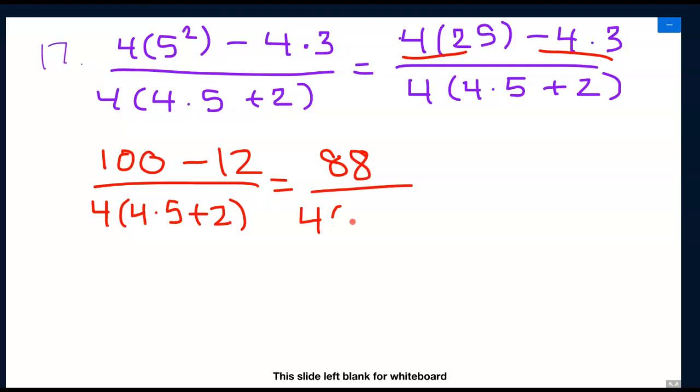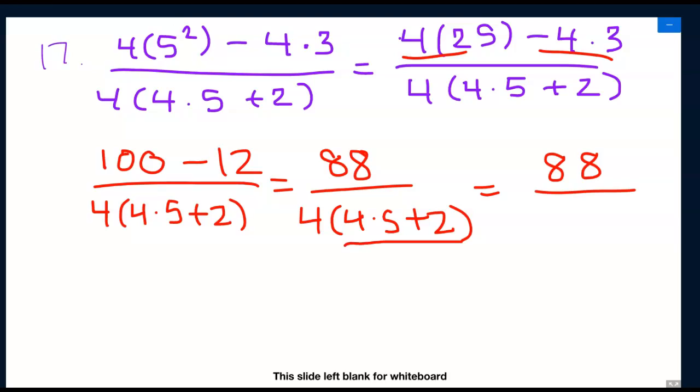Now we're going to start to simplify the bottom. So you start on the inside or with your parentheses, and you do your multiplication first. So you get 20 plus 2. 20 plus 2 is 22.